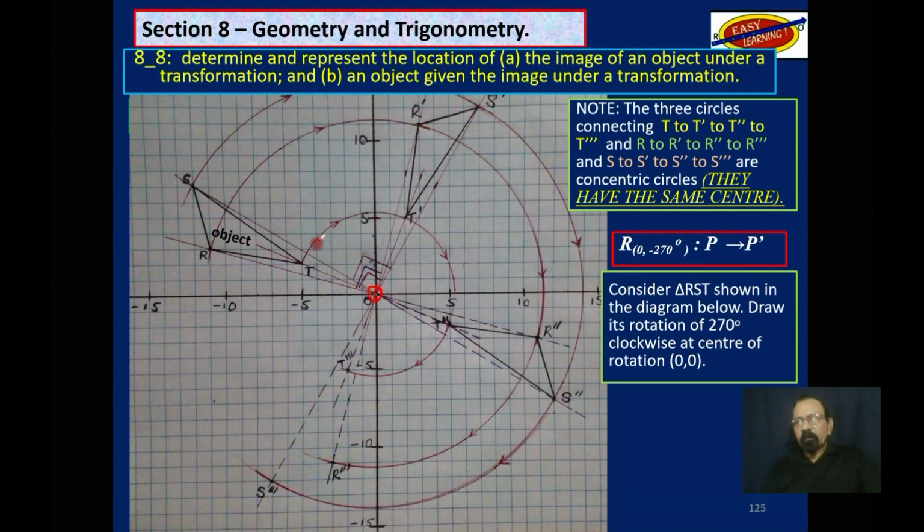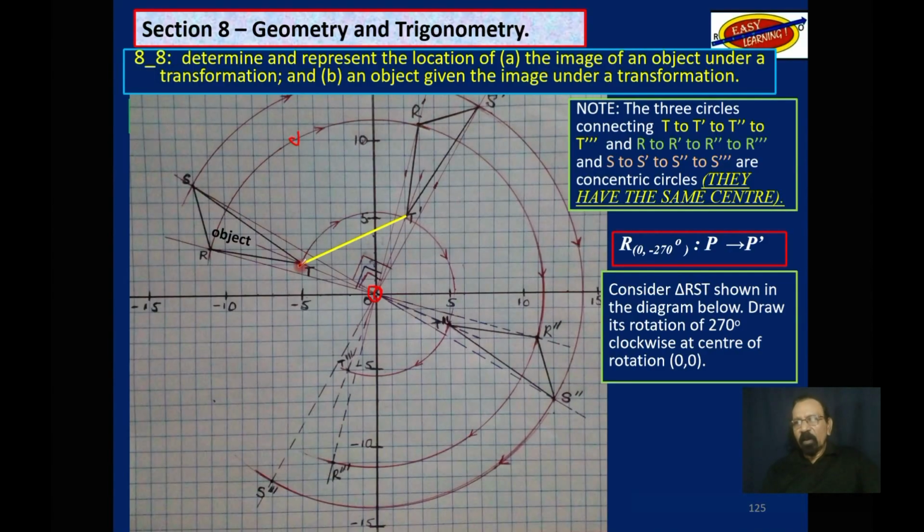Now, if we could construct a chord from here to here and find its perpendicular bisector, it will pass through the center of that circle. And if we do the same thing with that circle out there, that perpendicular bisector will also pass through the center of this circle. But those two circles are concentric, meaning they have the same center. Okay, that is our clue.